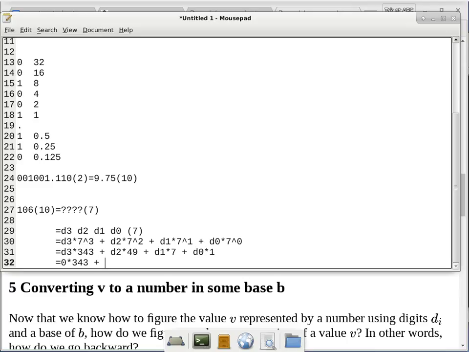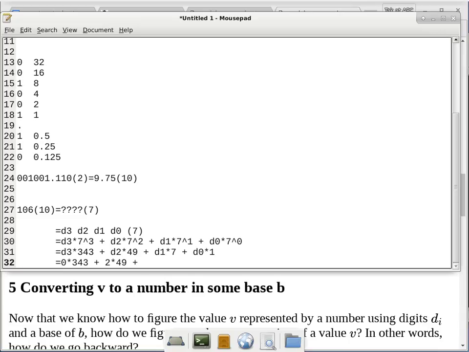All right, so the next question is, of the remainder, if we divide 106 by 49, what do we get? 2. Okay, very good. So now we know D2 is 2 times 49. So that takes care of 98 as a quantity. 106 minus 98 is 8, right?